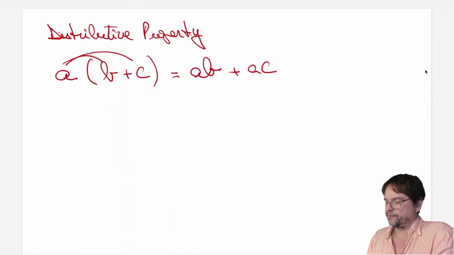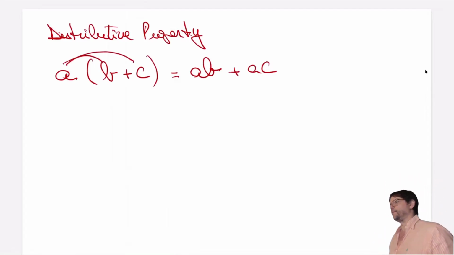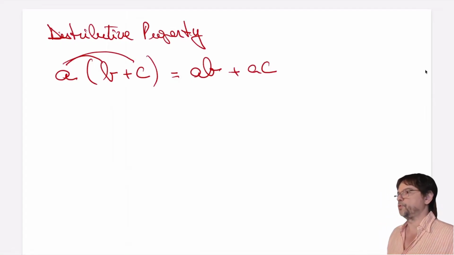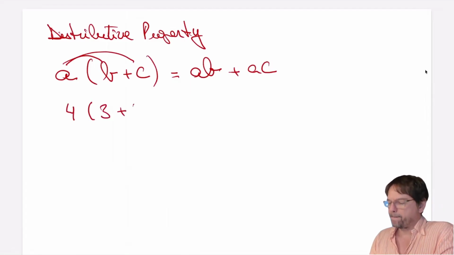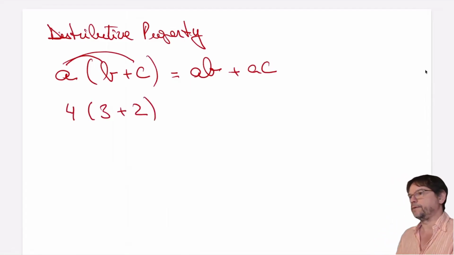I distribute. Every time that I use variables, I give an example with numbers, okay? To see if it's true or not. Okay, look, I put here 4, 3, and 2. Is that okay?